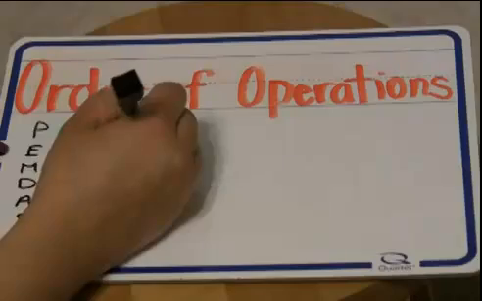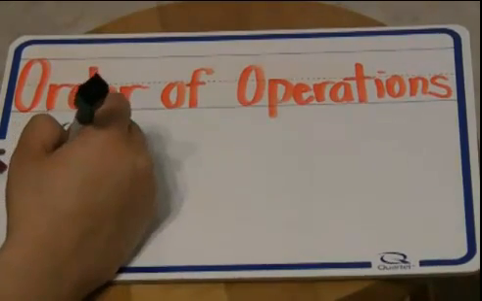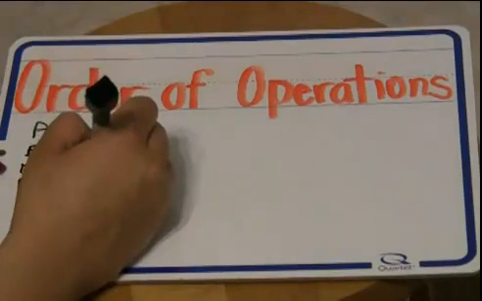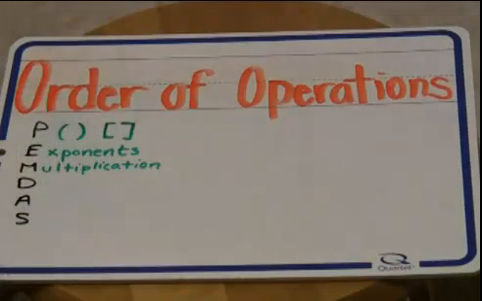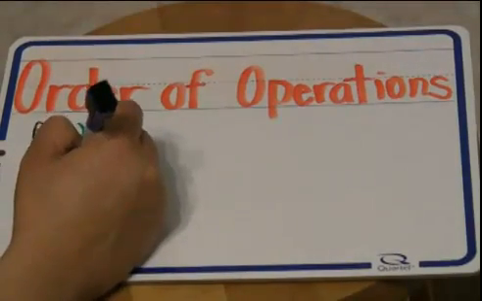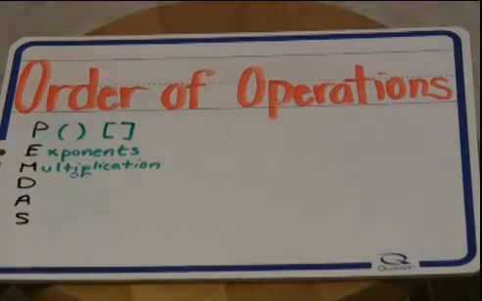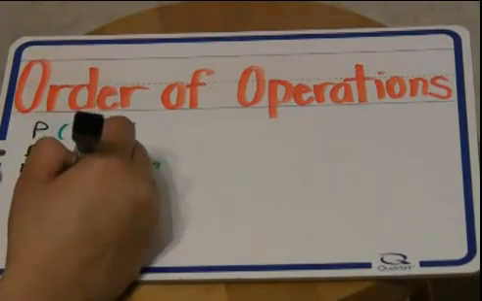E is for exponents. The M is for multiplication. And one thing that you have to remember when you're using the order of operations, when it's multiplication, it's or division.